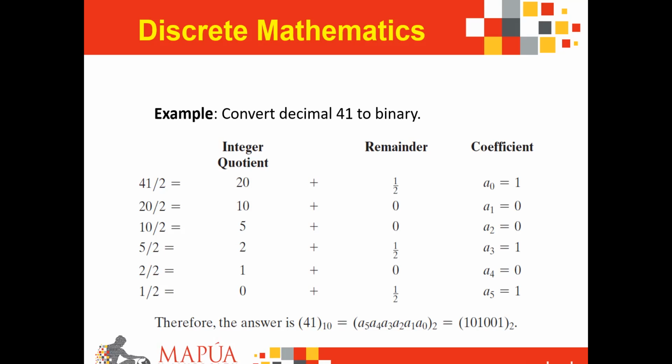Notice that the corresponding coefficients of your respective remainders are often read from the bottom up when evaluating your corresponding respective base n equivalent of your decimal number.